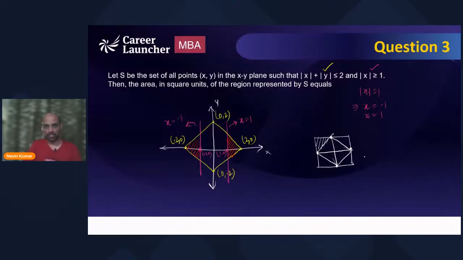Because we have got 1, 2, 3, 4, 5, 6, 7, 8. So we have got 4 triangles at the center and 4 triangles at the corners. So we have 8 triangles, that is 1/8, right? Similarly, if I take this one, this is going to be 1/8. So if I include both of them, can I say this is going to be 1/4 of the area of the square?